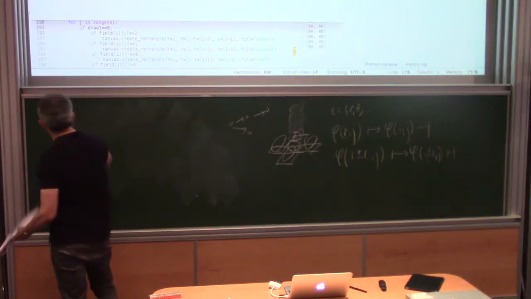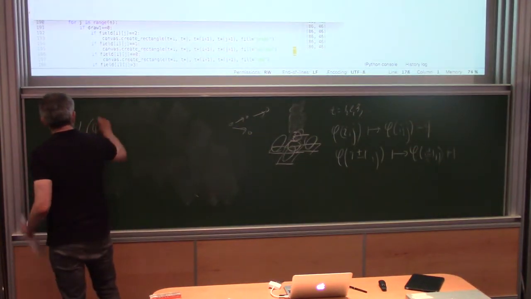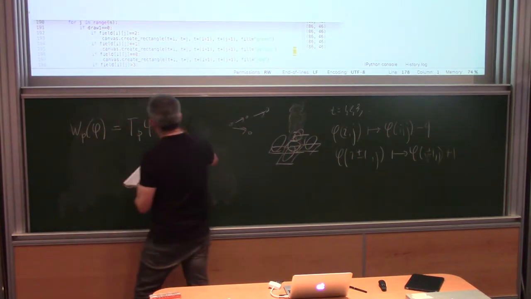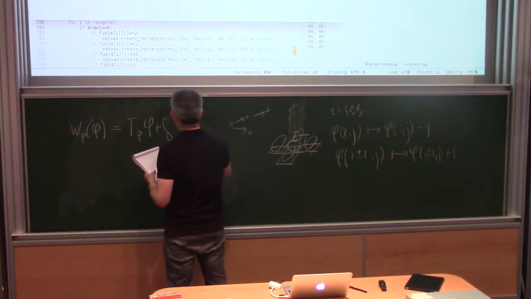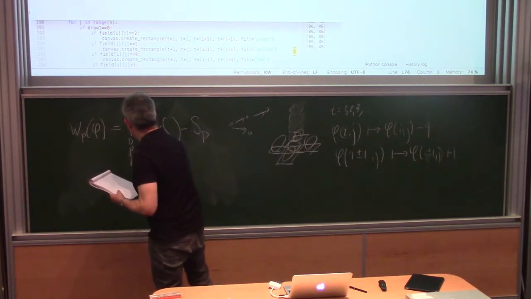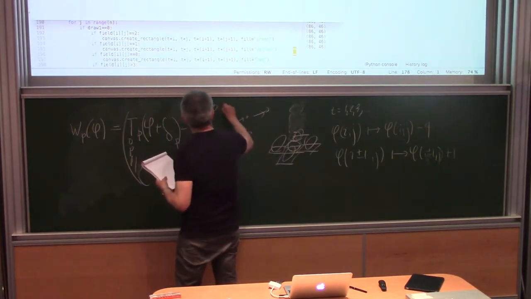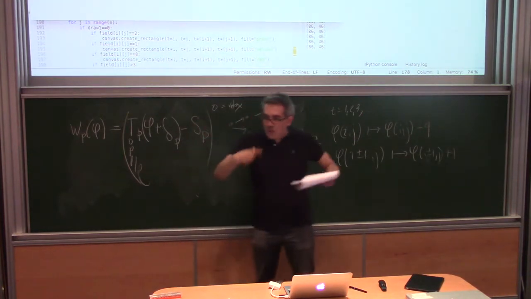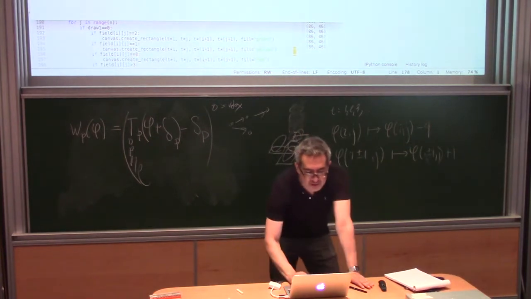Anyway, the formula is this. This is the delta function of P. This is toppling. And this is relax, the whole thing. So this is the formula for the wave operator, this is one step of it.